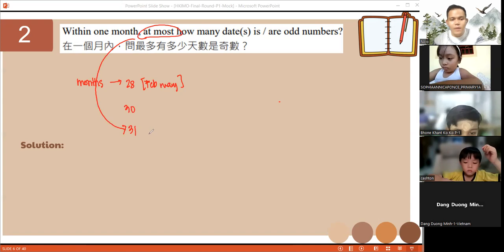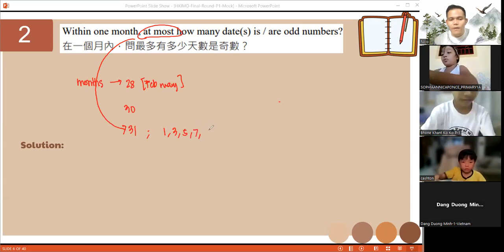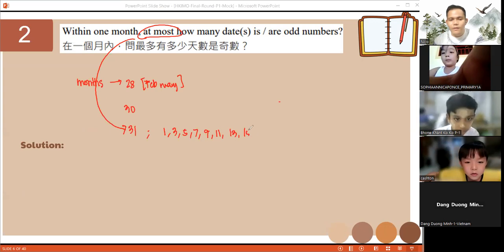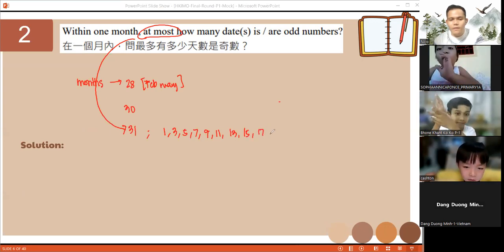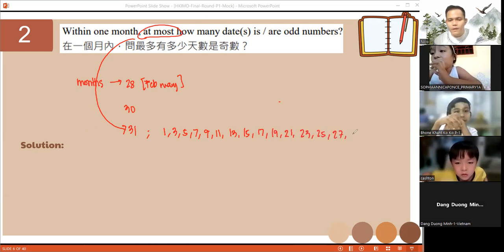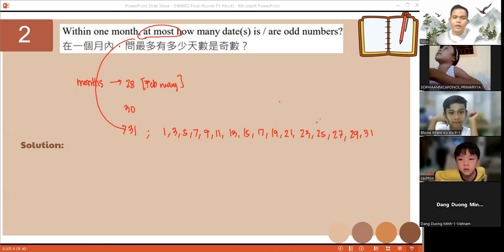So what are the odd numbers in here? It's 1, 3, 5, 7, 9, 11, 13, 15, 17, 19, 21, 23, 25, 27, 29, and 31. If you don't know how to divide yet because you are still primary 1 or grade 1, you can write it all down, okay?